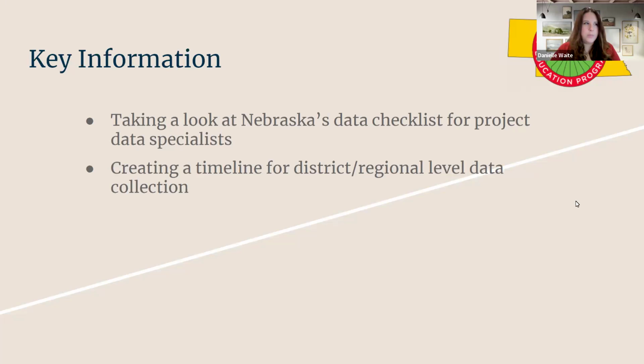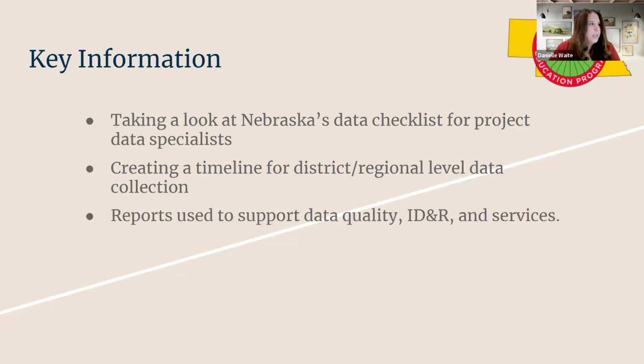I'll show you what Nebraska looks like, creating a timeline for district or regional level data collection, and some of the reports we use to support data quality, IDNR, and services. If you have any questions at any time, I'm watching the chat on one screen, so feel free to chime in.